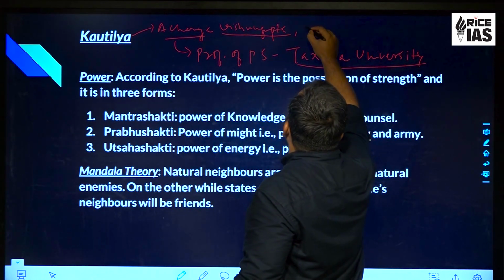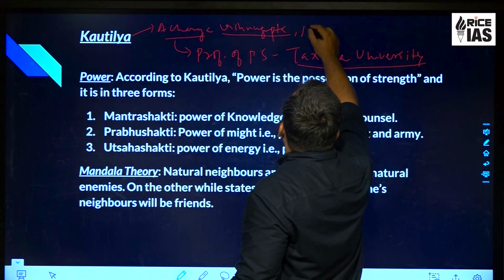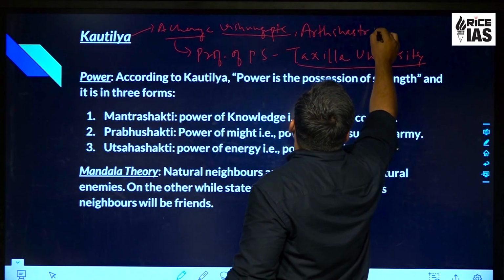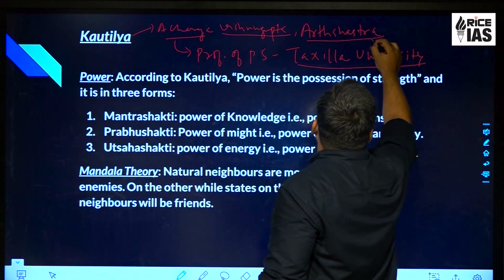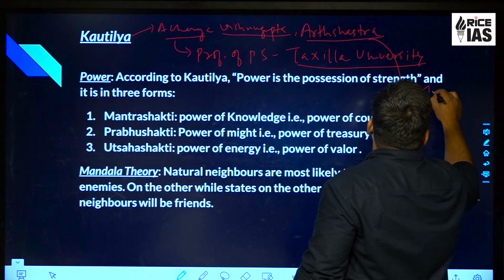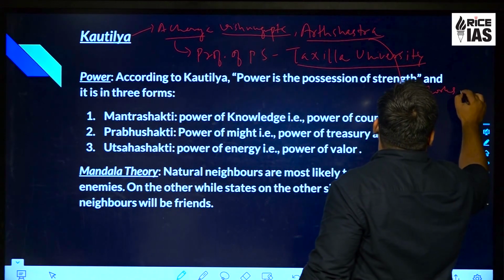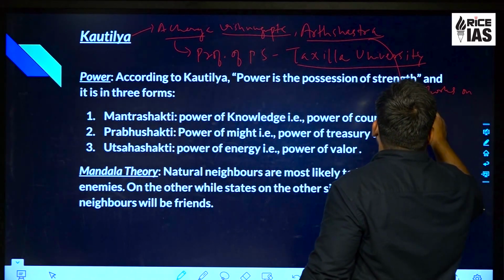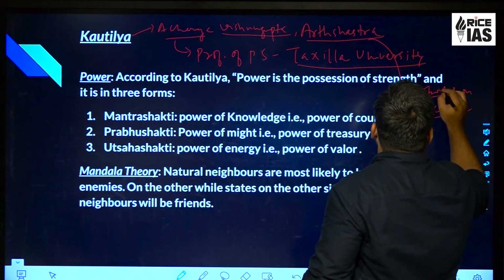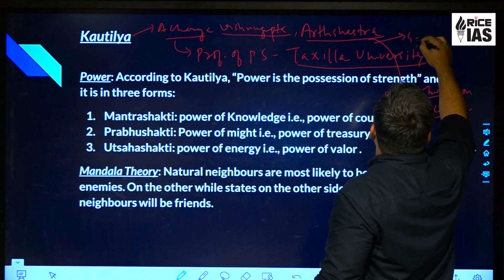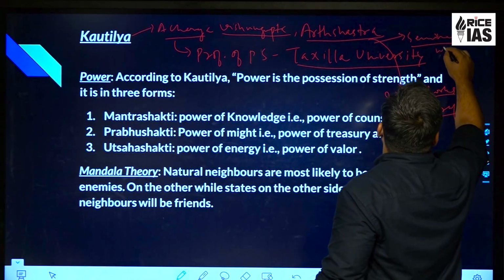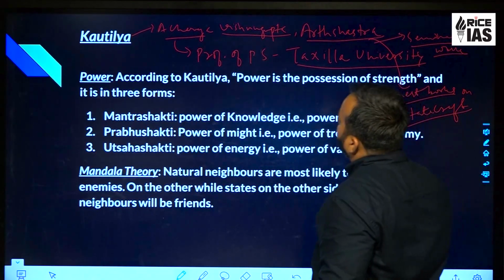The name of his book was Arthashastra. This is among the finest of the books on statecraft till today, and this is a seminal work which gave rise to other commentaries on statecraft.